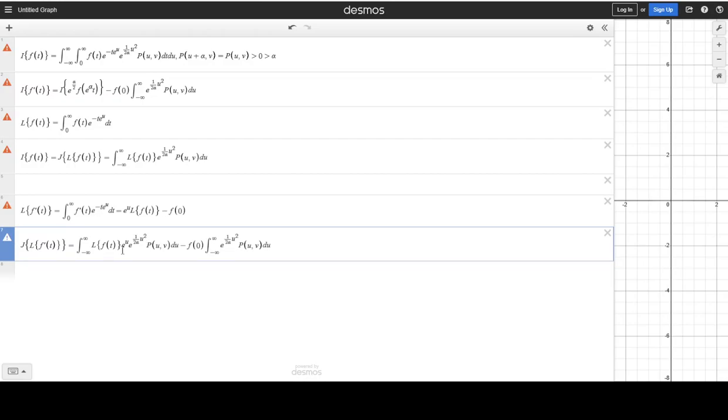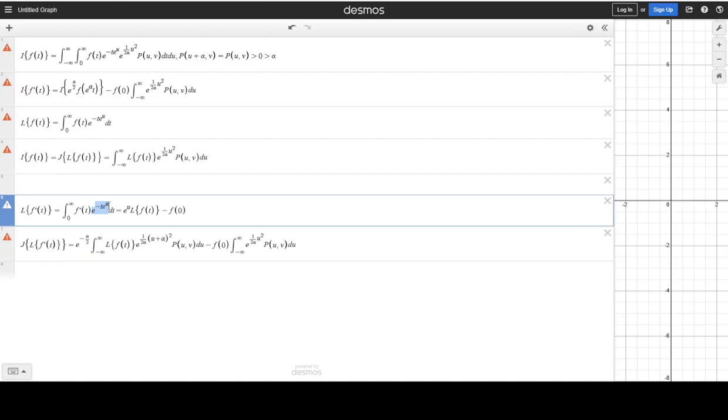Next, this we're going to rewrite as u plus alpha squared, which is just going to be 1 over 2 alpha times u squared plus 1 over 2 alpha times 2 alpha u, which is just e to the power of u, and then times e to the power of alpha squared over 2 alpha, which is just e to the power of alpha over 2. So we'll have to do this in order to get this.